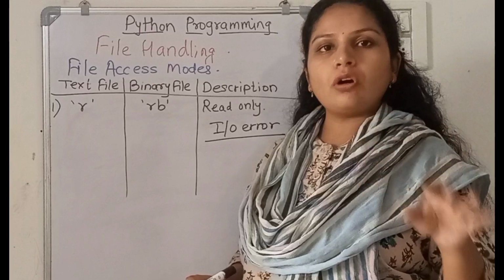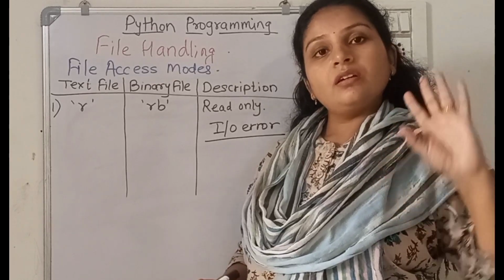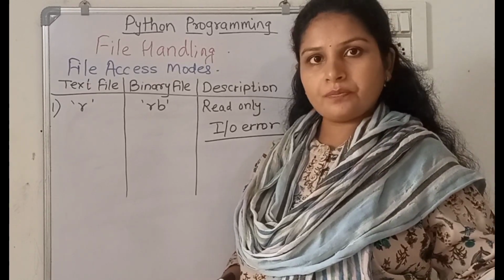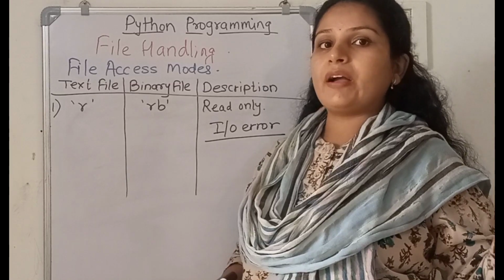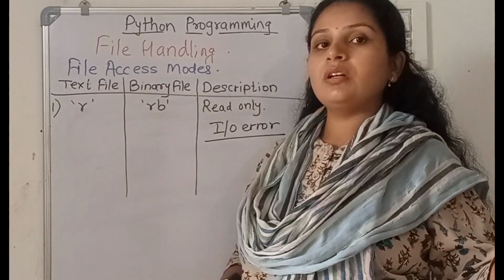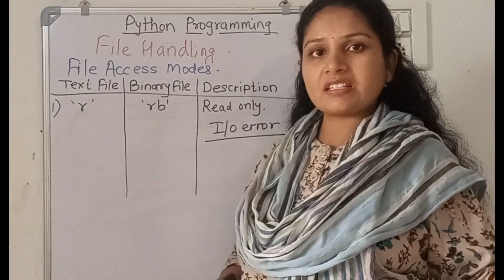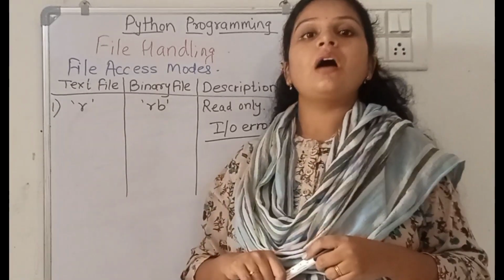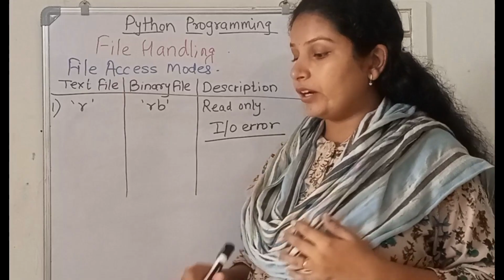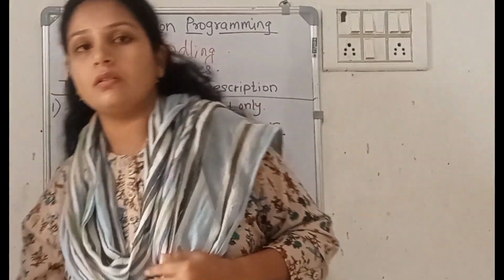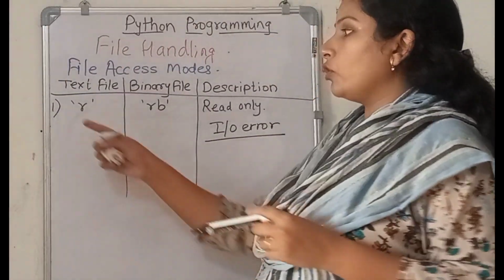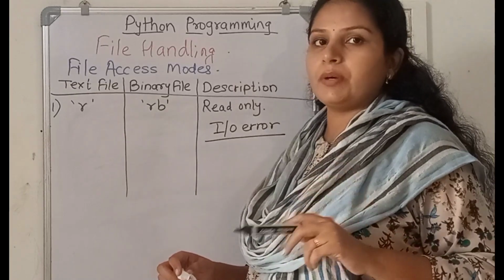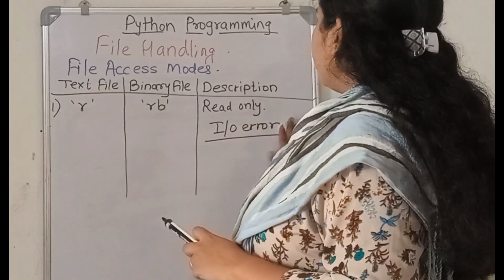If that file is not created, then create the file first separately by opening the Notepad application, save it with the .txt extension, and then open it with the R mode, which is your read mode. So this is the rule if you want to access the file for reading purpose, using the R mode.